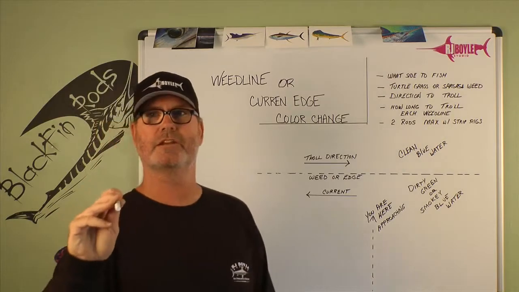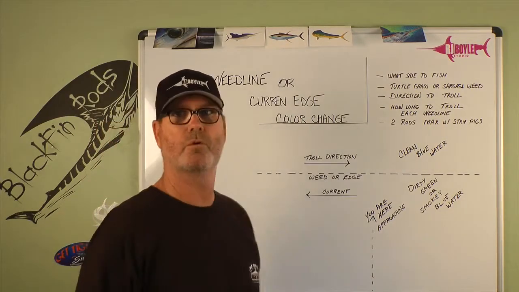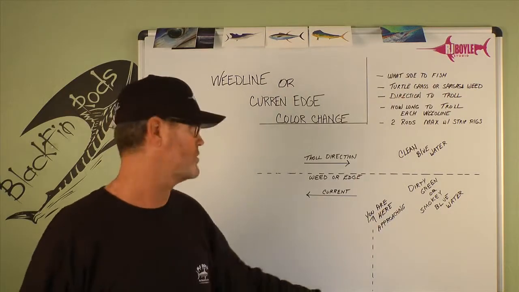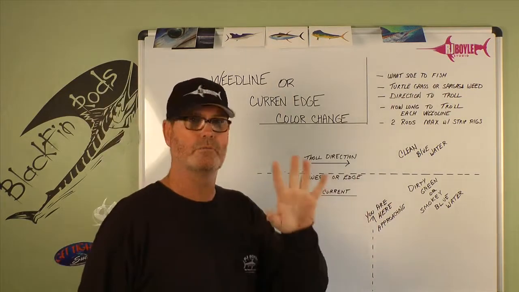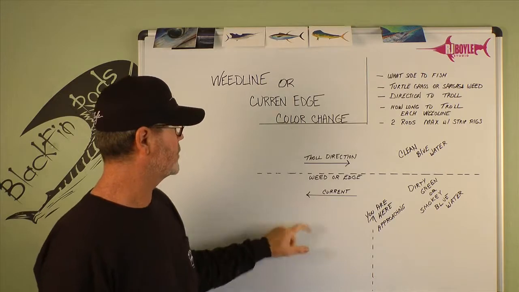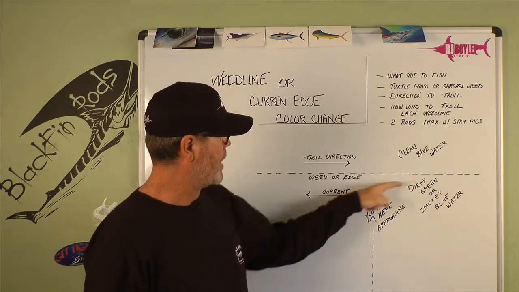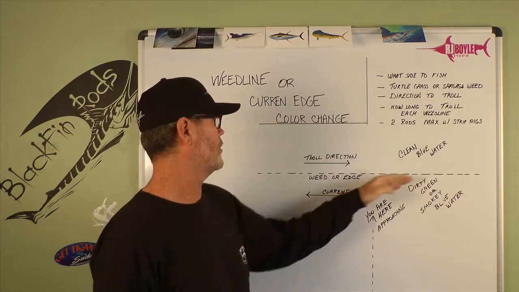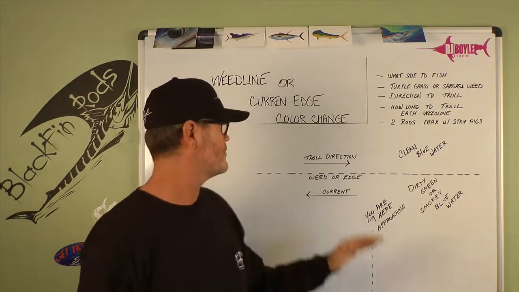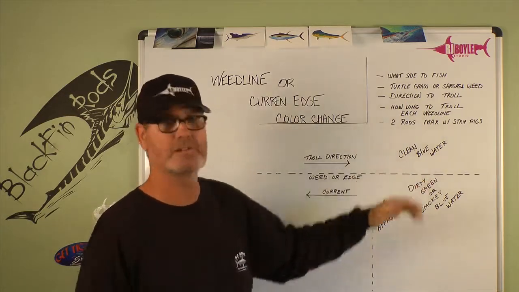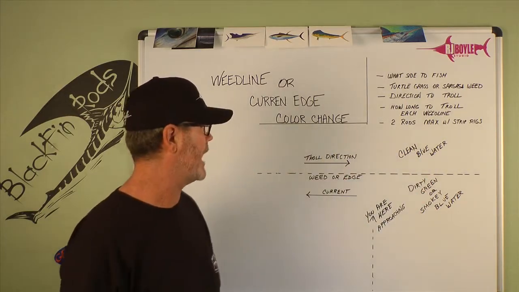Because if you start getting into the fish and you turn the wrong way, it could take you a long way from your final destination, which is home here. So knowing that the current is going in this direction, I probably will decide to troll into the current. Opposite way the current's going. Don't go with the current, go into the tide, that way you can always make your way back.